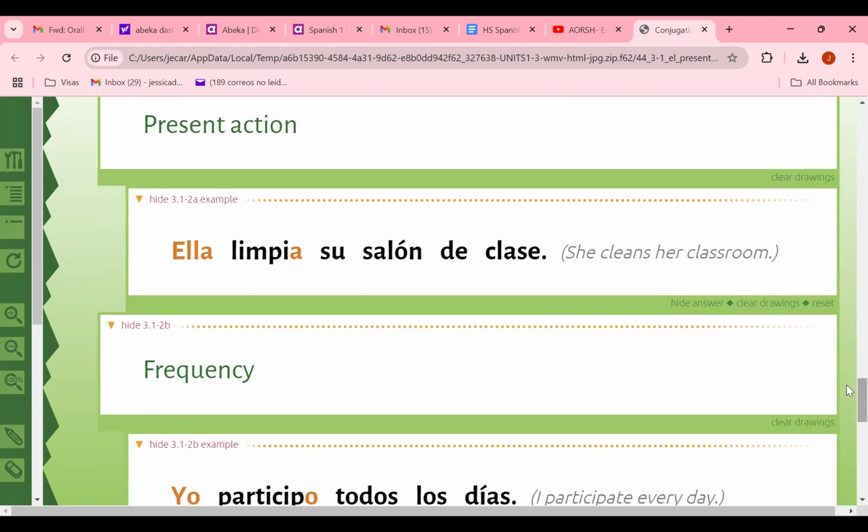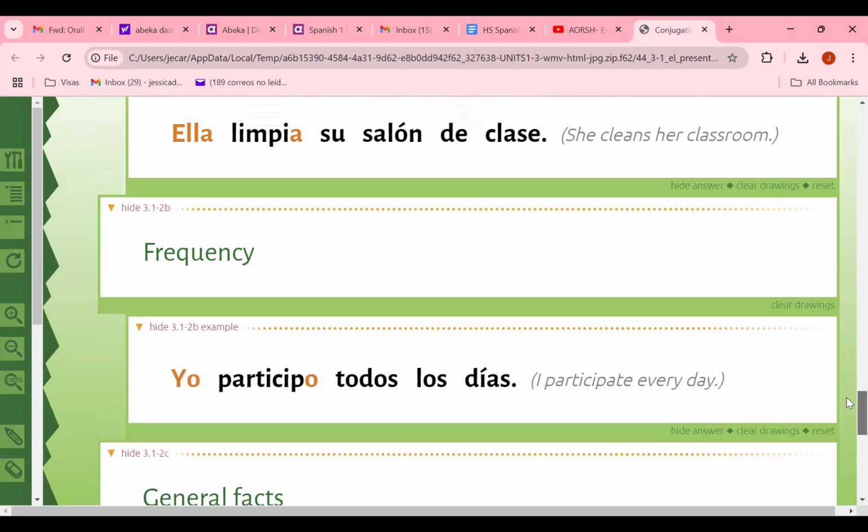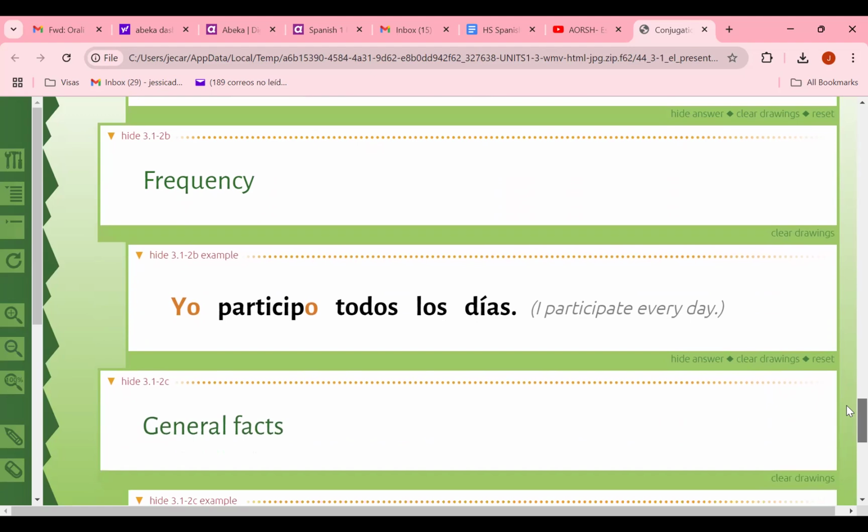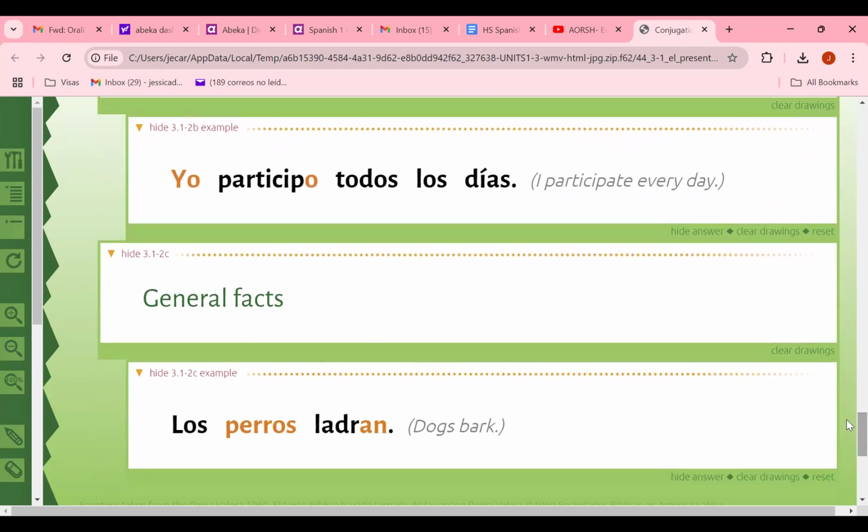We also use it to indicate frequency, so how often we do something. This is the example: yo participo todos los días, I participate every day. Notice the O for participo because the pronoun is yo. And we also use it to express general facts. Los perros ladran.